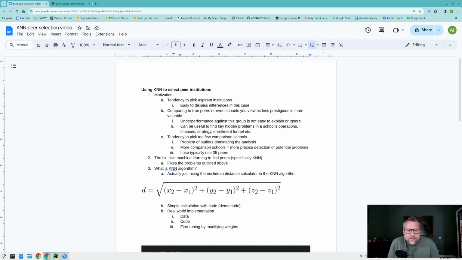Okay, so why do I do the KNN approach? It was really clear to me that there's an issue with how a lot of schools select peer institutions, even for really sophisticated, expensive benchmarking studies. There's a tendency for schools to populate that group with almost all aspirational schools.